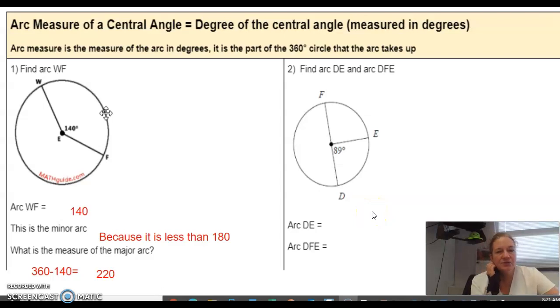I'm needing to find arc DE and arc DFE. For DE, I just trace on my circle from D to E. Arc DE, well my central angle is 89, that means that my arc is going to be 89.